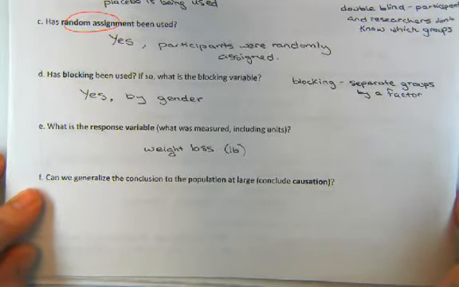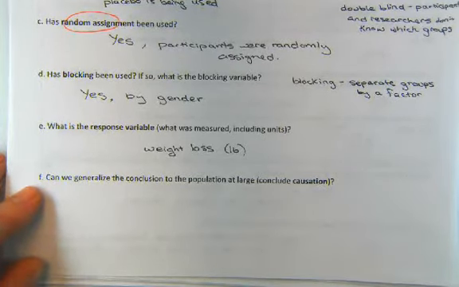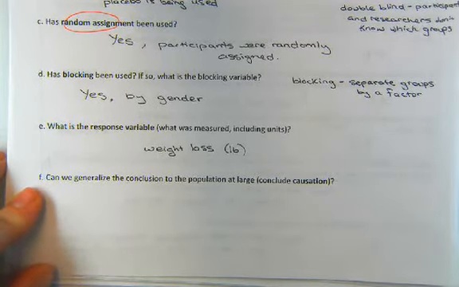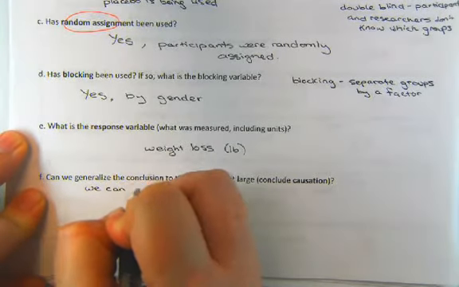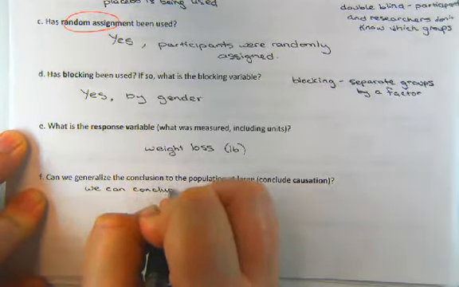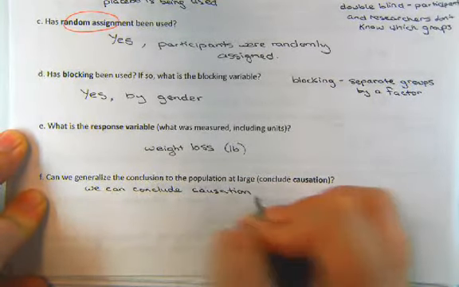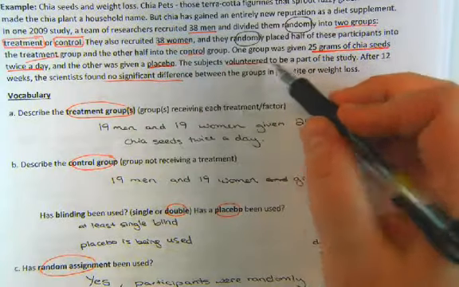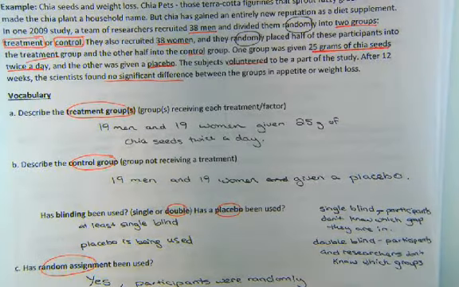So can we generalize the conclusion to the population at large, including causation? For us, saying chia seeds cause weight loss, or rather, from our results, that chia seeds don't cause weight loss since they didn't see a significant difference. So we can conclude causation. Something we want to be careful of, though, is that we did have volunteers. We go back to that little word of warning here: when we only have volunteers, it does influence the data.